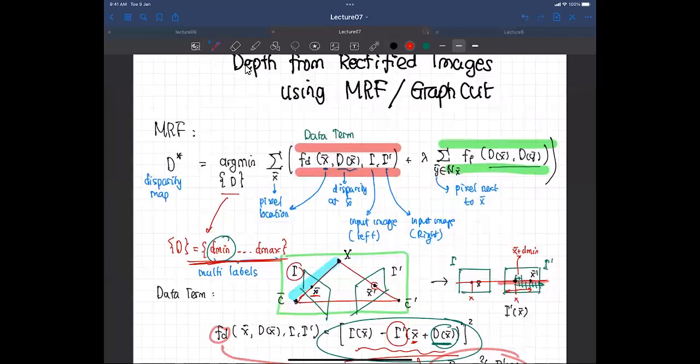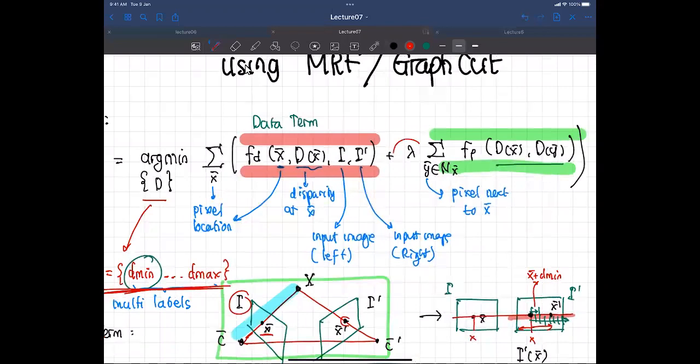The final thing I forgot to mention is this one, lambda. Lambda is a weighting factor for the data term or the prior term. If lambda is large, it means that you are prioritizing the prior term, the connection between neighbors.